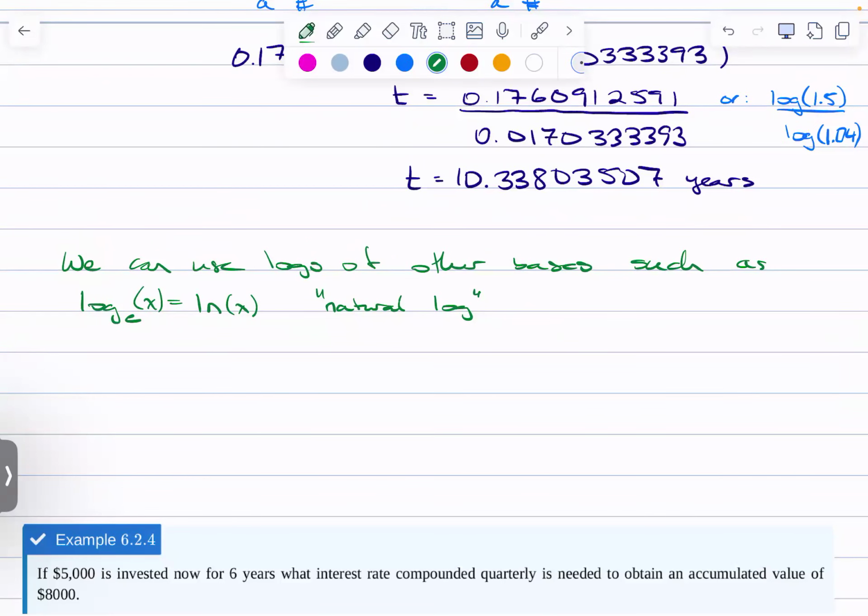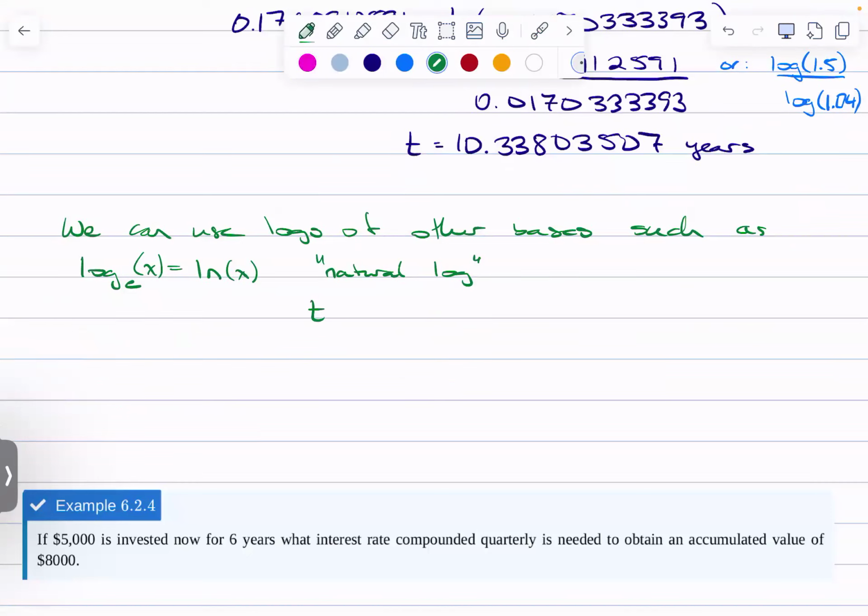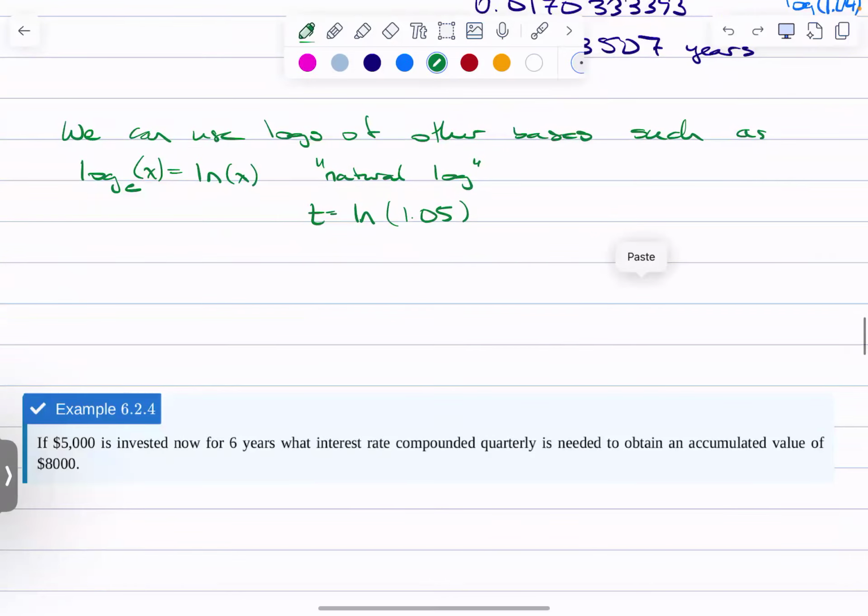If we jump up here, T was the log of 1.5 over the log base 10 of 1.04. So what if we replace those log base 10s with log base e? In statistics, the only log we use is the natural log, so my ln is this kind of sloppy script, and I call it a log. I know, everyone hates that.